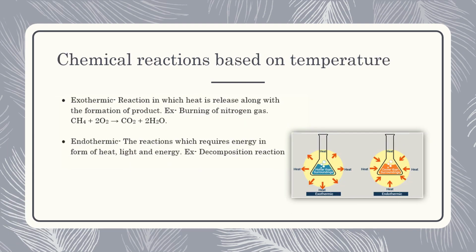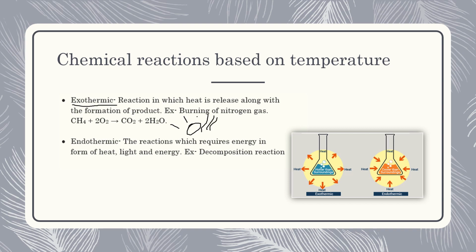Let's see the next one. Yes, we come to the chemical reactions which are based on temperature. As I was saying, we have many others except the six when we are talking about chemical reactions. So let's take the first one, which is the exothermic reaction, which is a reaction in which heat is released along with the formation of a product. So when a product is forming, along with it, heat is also generated or released.